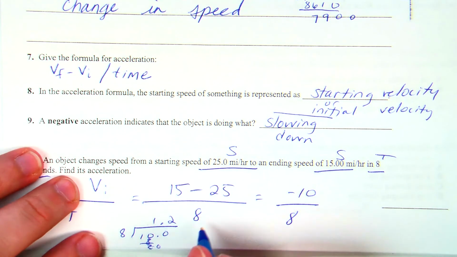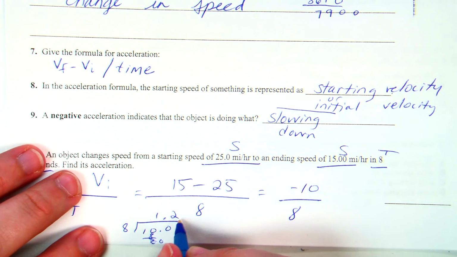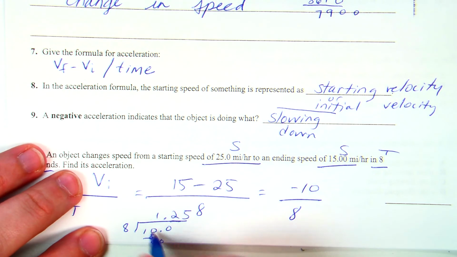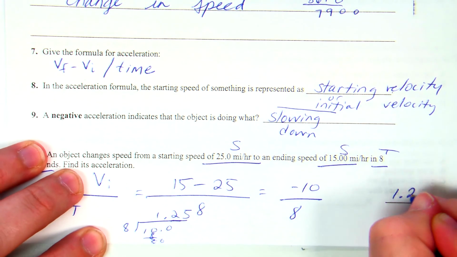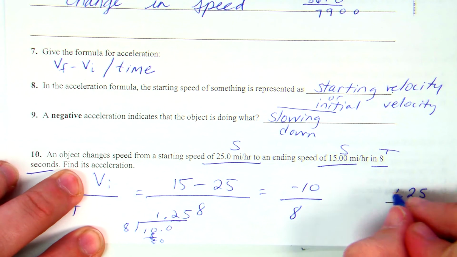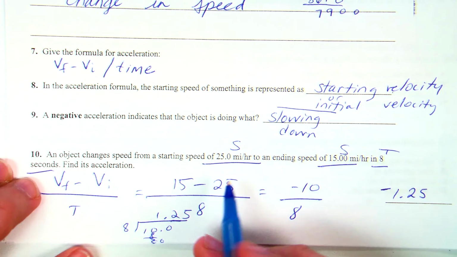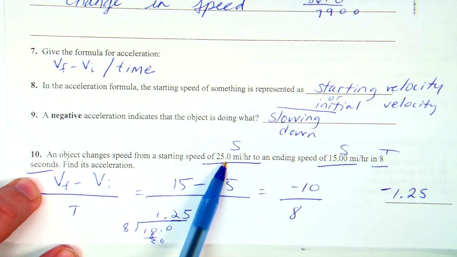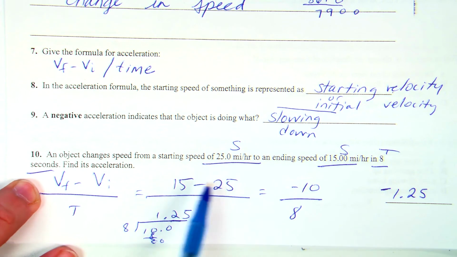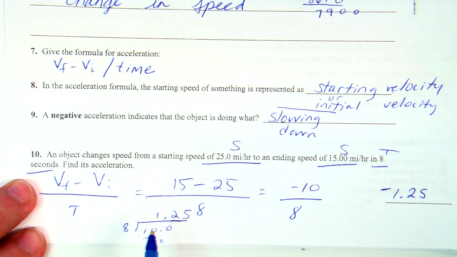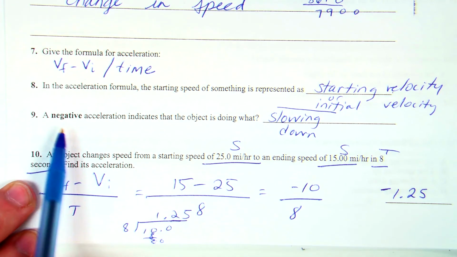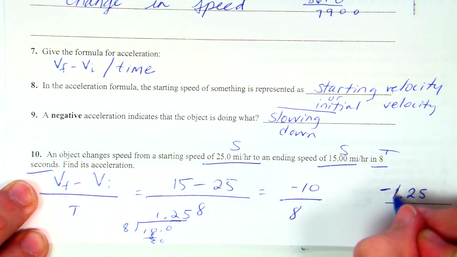And you should get, sorry I ran out of room guys, but you should get 1.25, okay? 2 times 8 is 16. That gives you a remainder of 40. 8 times 5 is 40, okay? And it is negative because it's slowed down. So it went from 25 to 15. If the negative numbers kind of intimidate you a little bit, just know that if it slows down, a negative number will give you what you need, okay?